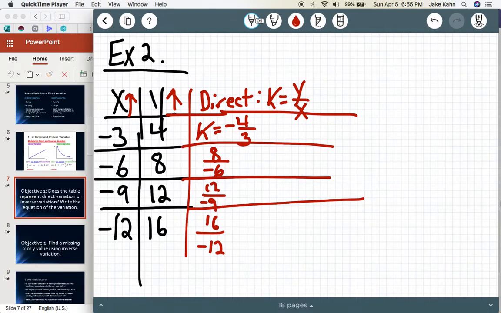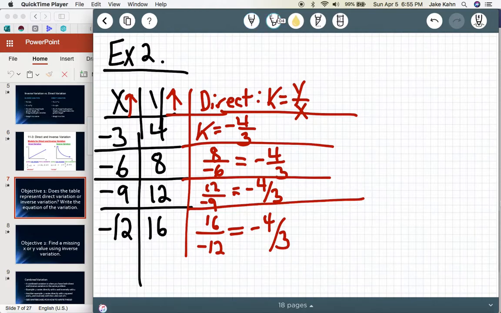However, each of those fractions, each of those k values, make sure you reduce it. 8 over -6 reduces to -4/3. 12 over -9, divide top and bottom by 3, comes out to -4/3. And finally, 16 over -12, divide top and bottom by 4, and we get -4/3.